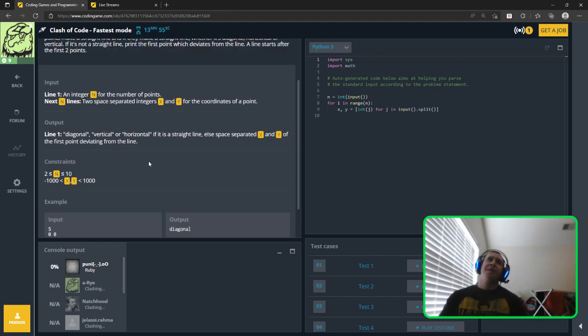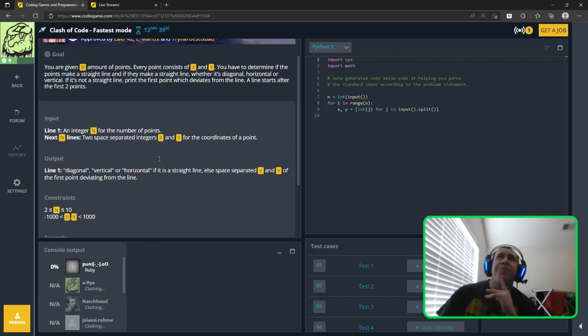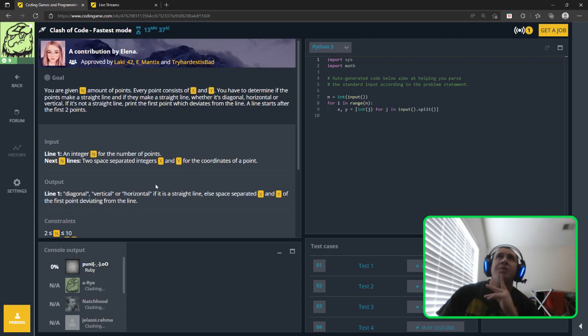And then, so you either have a line, diagonal, vertical, or horizontal, or you have one that is not, and then you have to get that point deviated from the line. Let's see, so to do this, so we have 5 points.